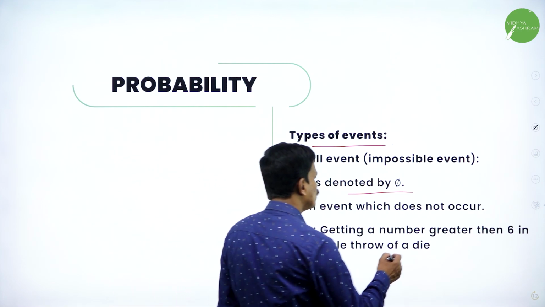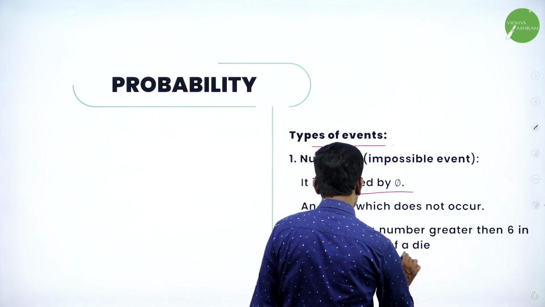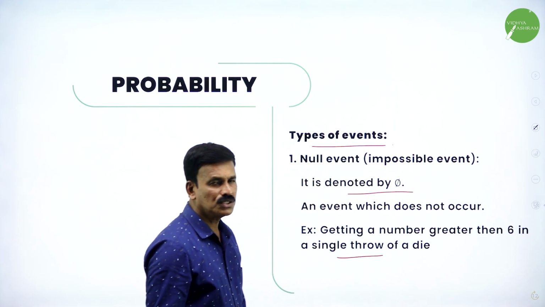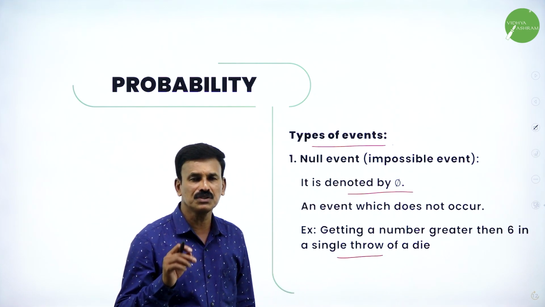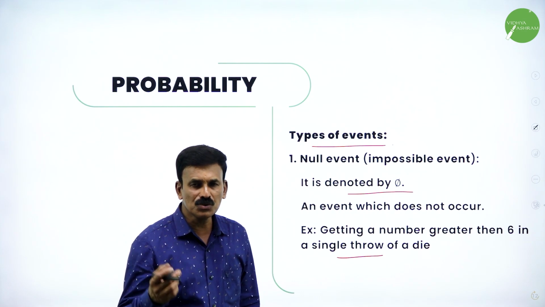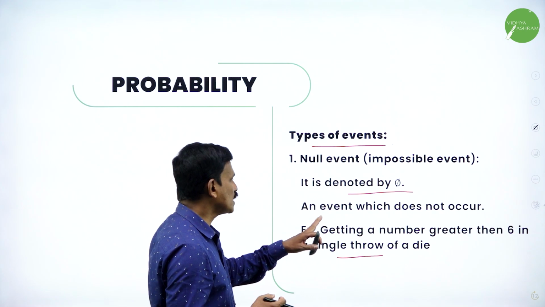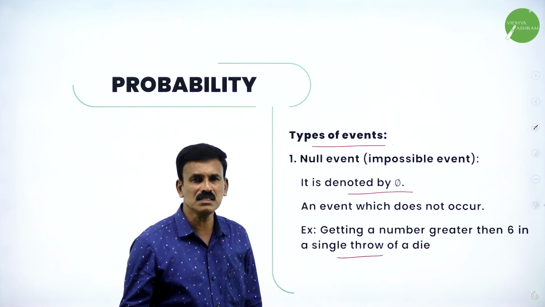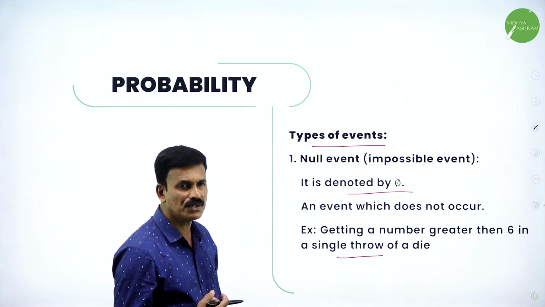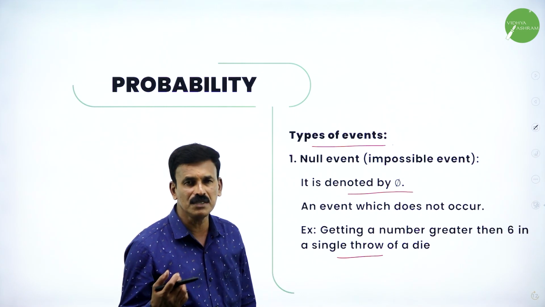Example, getting a number greater than 6 in a single throw of a die. In a die there are 6 numbers 1, 2, 3, 4, 5, 6, so there is no 7, 8, 9. So getting a number greater than 6 is an impossible event, that is, a null event.